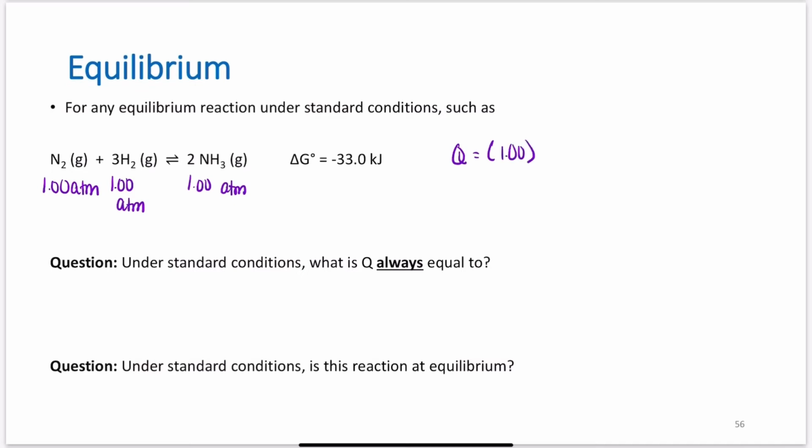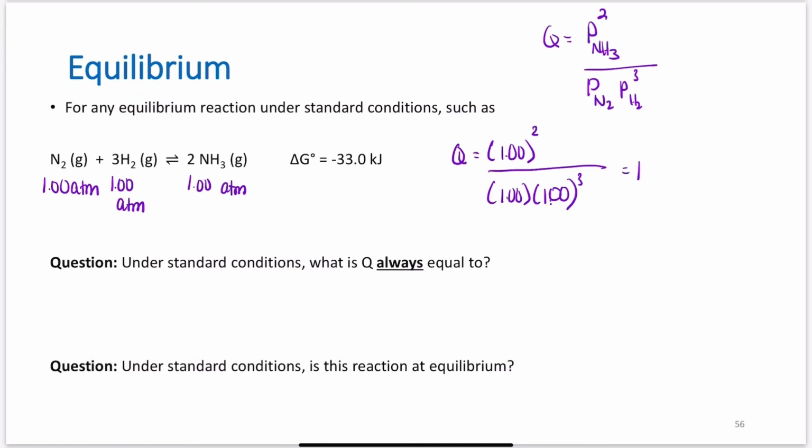Q would be equal to 1.00 squared, because Q is equal to the partial pressure of NH3 quantity squared, over the partial pressure of N2 times the partial pressure of H2 cubed. 1.00, 1.00 quantity cubed, still equal to 1. Under standard conditions, Q is always equal to 1.